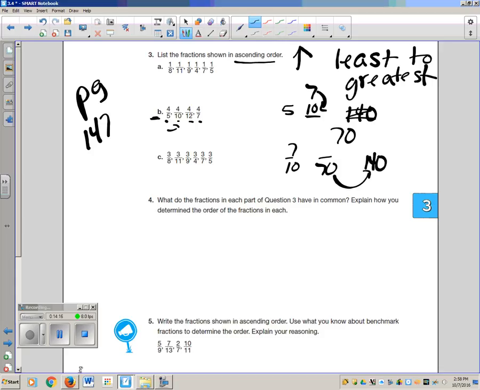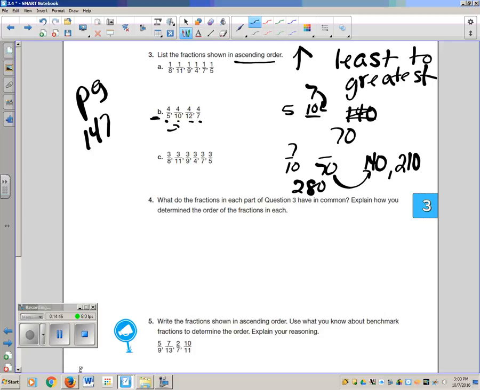Does 12 go into 140 evenly? 12 does not go into 140 evenly. The next one would be 210. On your calculator, you would go 210 divided by 12. We're trying to find a number that 12 can go into. It does not. 280. 280 divided by 12, you get a decimal again.